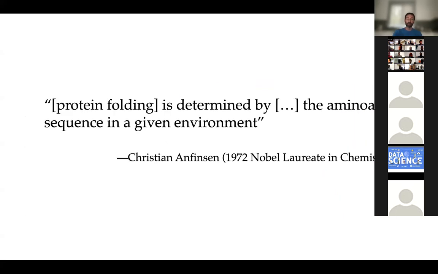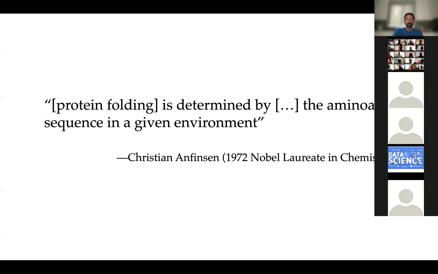And this is a crucial problem, and it was hypothesized by Christian Anfinsen, who was a Nobel laureate in chemistry, that protein folding is entirely determined by the amino acid sequence, of course, in a given environment, so temperature, acidity, and so on.